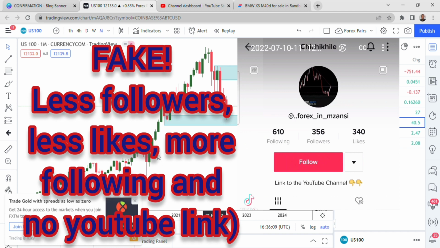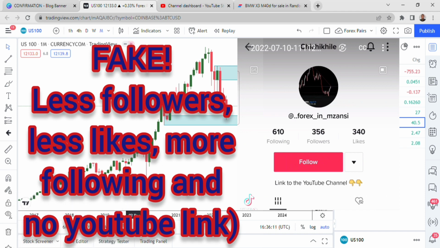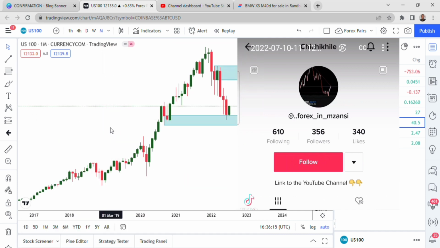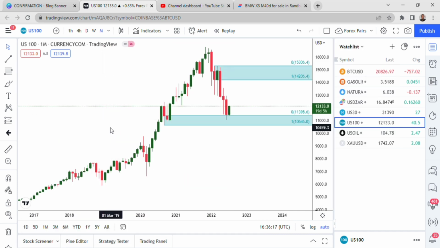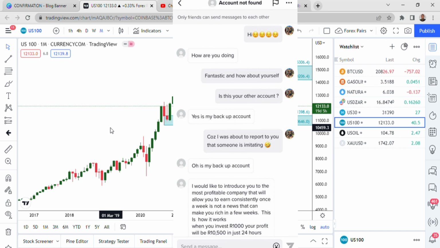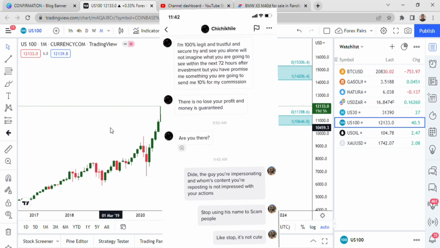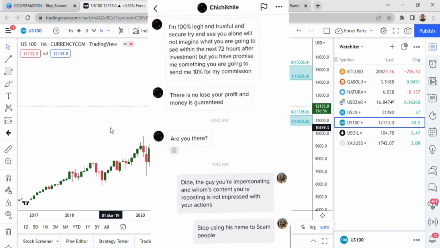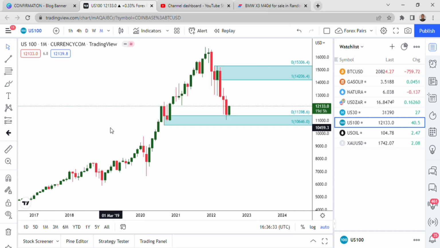He stole some of my videos on TikTok and posted them on his account, and now he's telling people that if they send him 1,000, they get 5,000 within 24 hours, investment stuff like that. Guys, I don't do those things. So if you come across someone offering investments but using my name, just know it's not me.